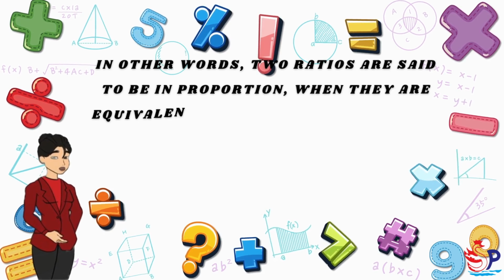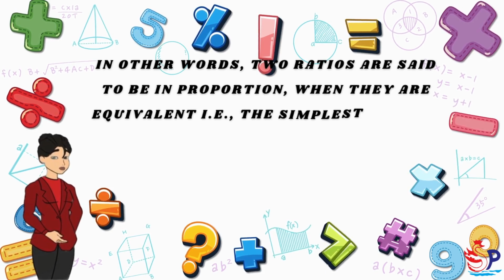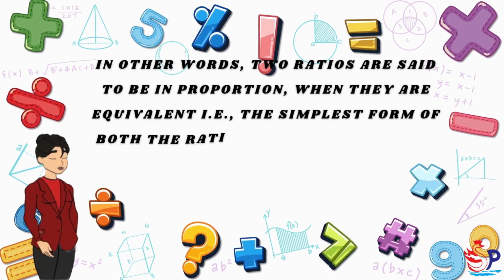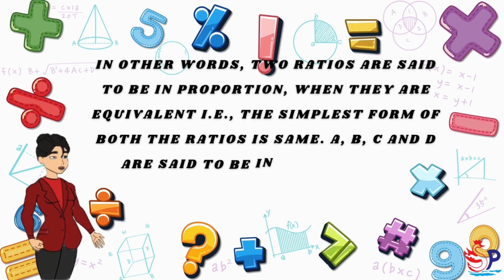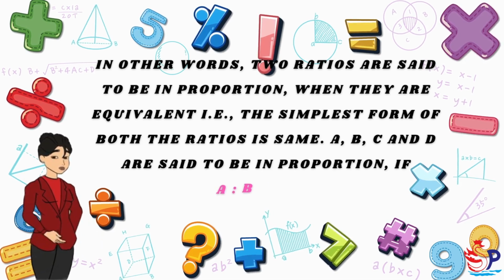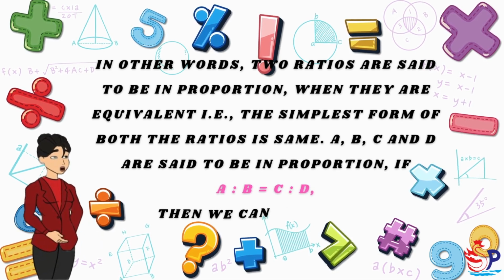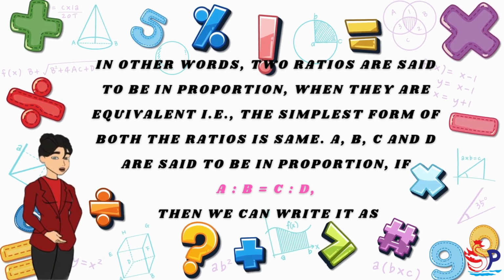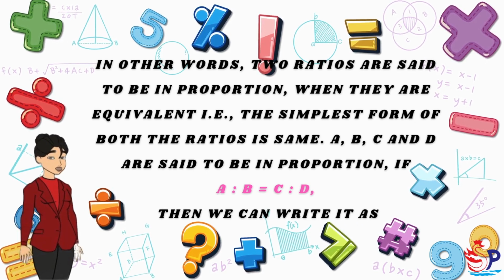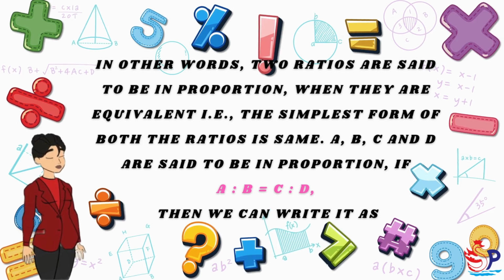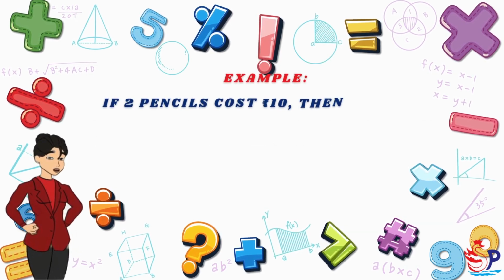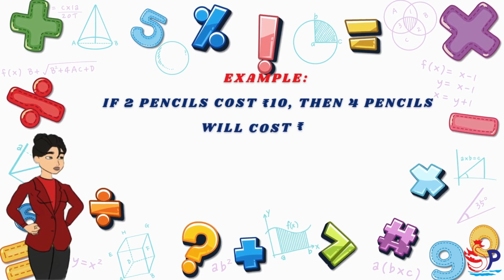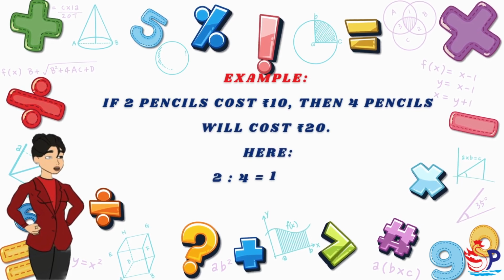For example, the simplest form of both the ratios is the same. A, B, C and D are said to be in proportion if A ratio B is equal to C ratio D. Then we can write it as, example: if 2 pencils cost 10 rupees, then 4 pencils will cost 20 rupees.